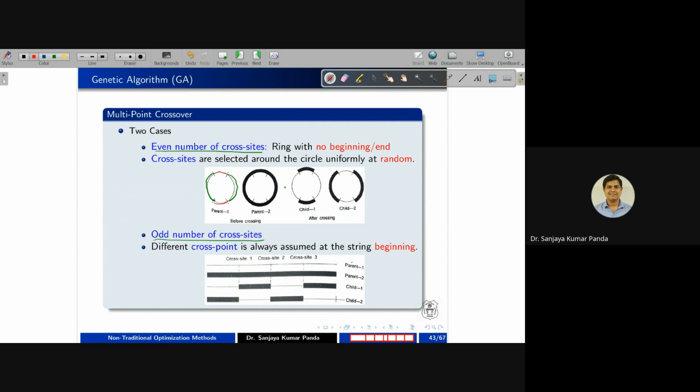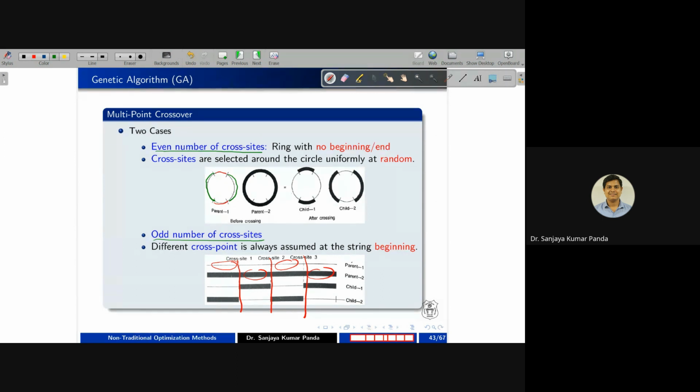But if you go without a ring, if you go for a straight line kind of thing, there you can choose cross site point 1, cross site point 2, cross site point 3, or cross site point 4, and so on. So in that case, what will you choose? You will choose parent 1, parent 2, parent 1, parent 2 alternatively to generate child 1.